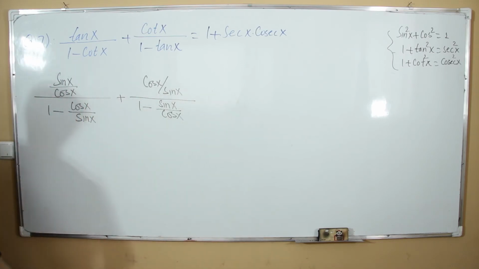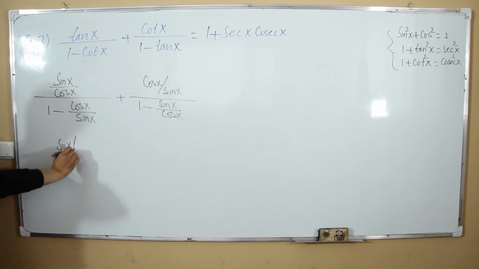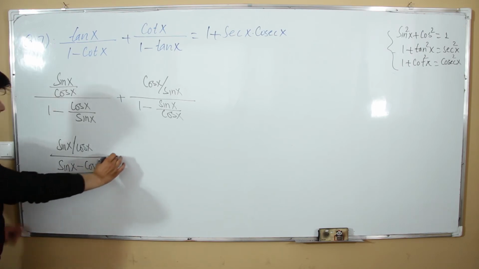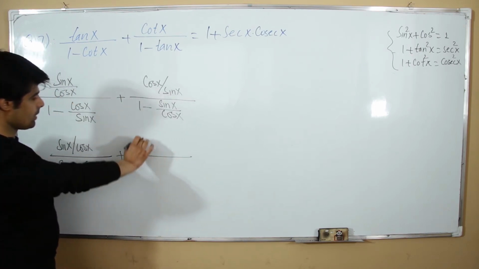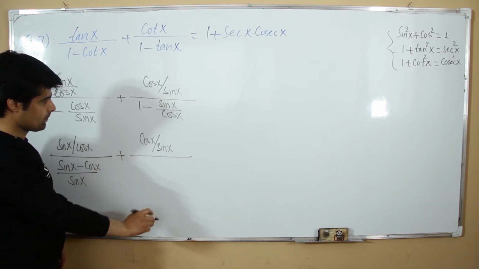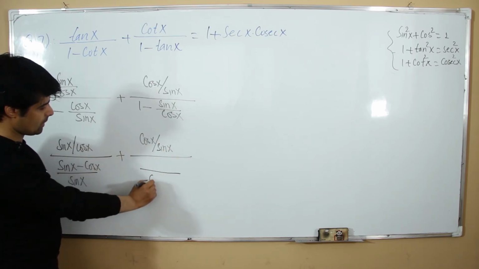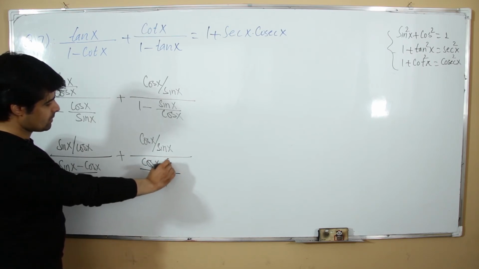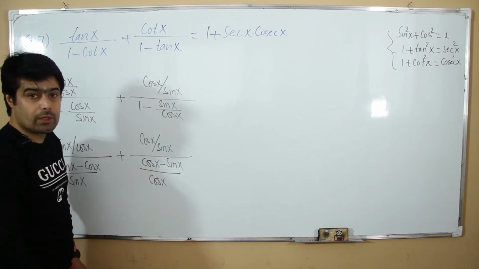Yes. So I will simplify sine x divided by cosine x. Here you will have sine x as a factor between denominators, so sine x minus cosine x, plus here we have cosine x divided by sine x. So once again cosine x is our denominator, cosine x minus sine x. Am I right? Yes.